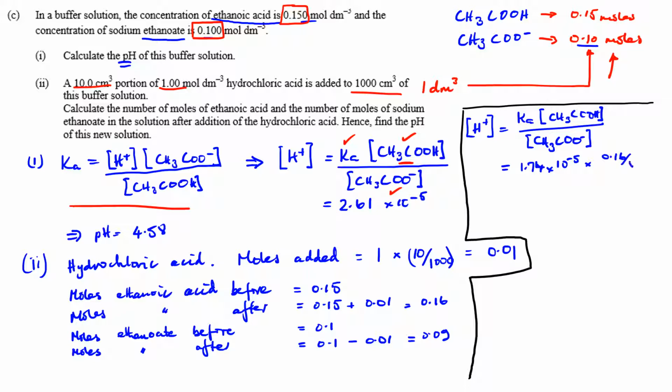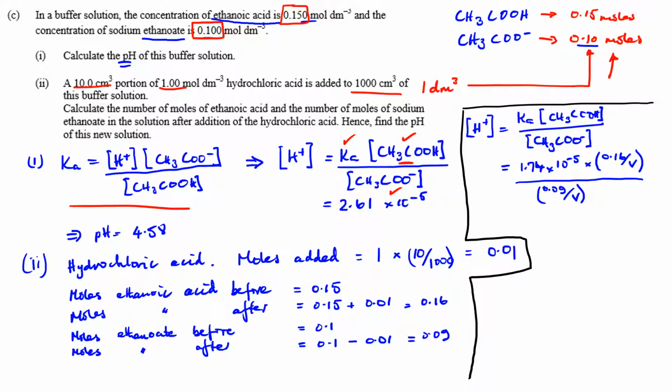0.16 divided by the volume, because 0.16 was moles, wasn't it? Concentration is moles over volume, but we're going to leave volume as V for a minute. We have to divide that by our ethanoate ion concentration, and we've just worked that out as 0.09, but that was moles of ethanoate ions, wasn't it? So the concentration of ethanoate ions would be 0.09 over volume.